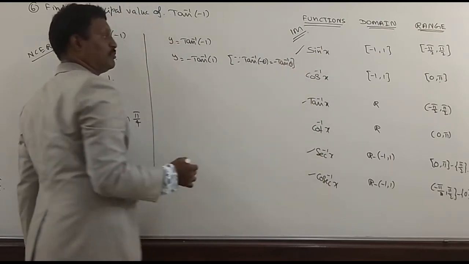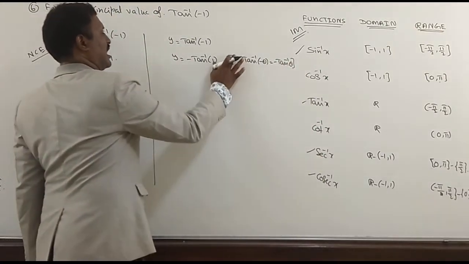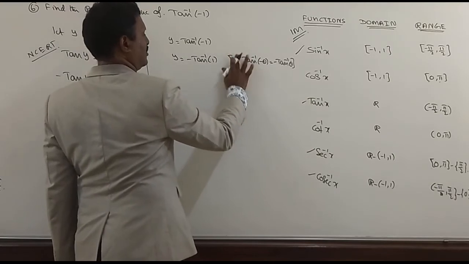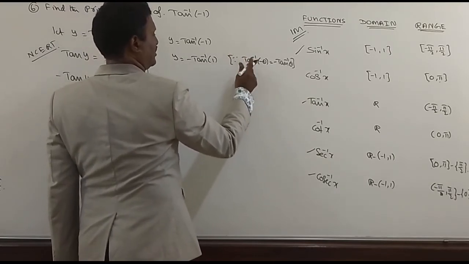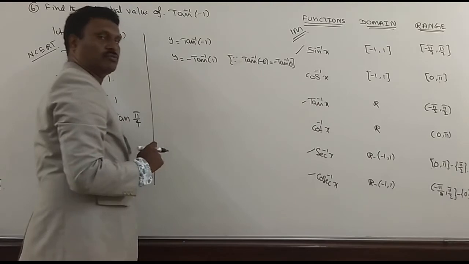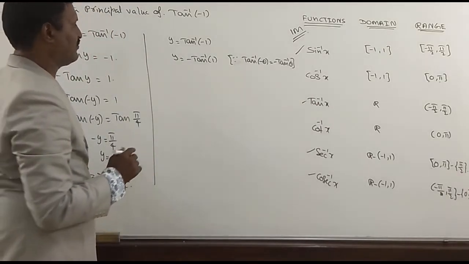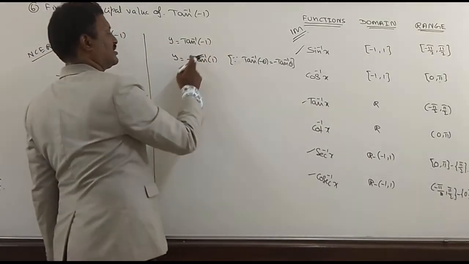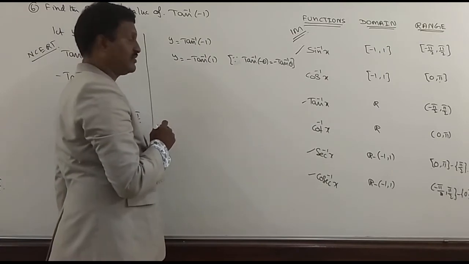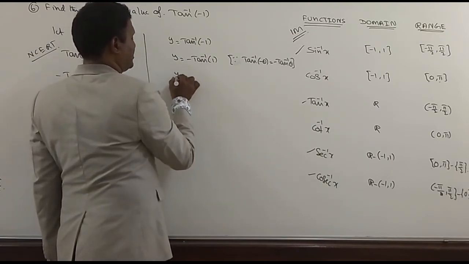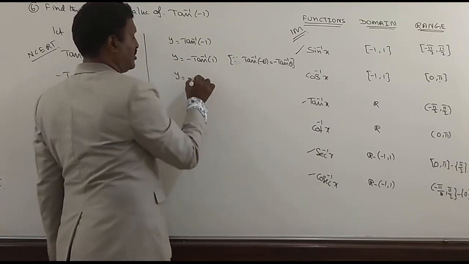There is a formula, we proved it also. Using that formula, tan inverse of minus 1 we can write as minus tan inverse 1. Now, y is equal to minus, as it is, tan inverse 1.